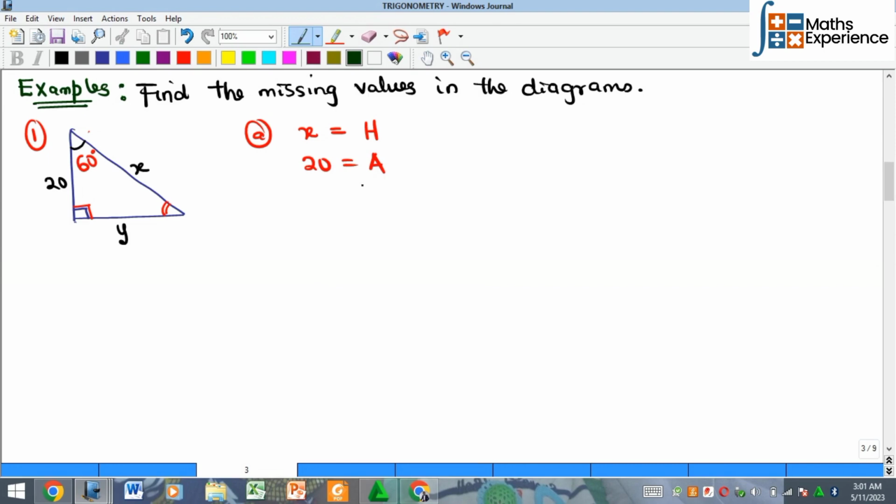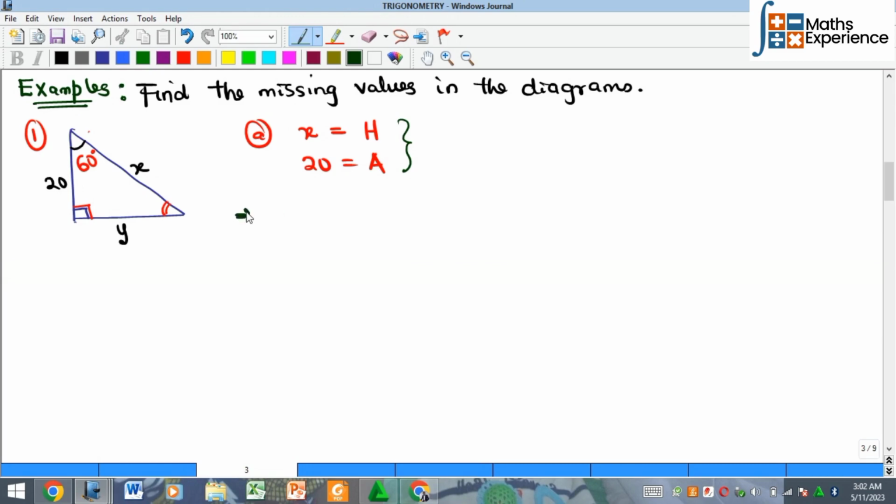So now, when you know the things you are given, it will help you to know which of the trigonometric ratios will help you get what you're looking for. Now, which of the trigonometric ratios is related to hypotenuse and adjacent? That is cosine.